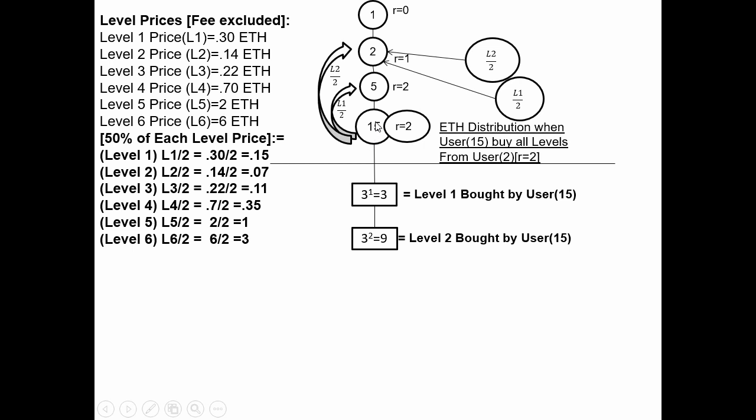So whenever user 15 buys any level, the money goes to user 2 because user 2 brought user 15 into this game.